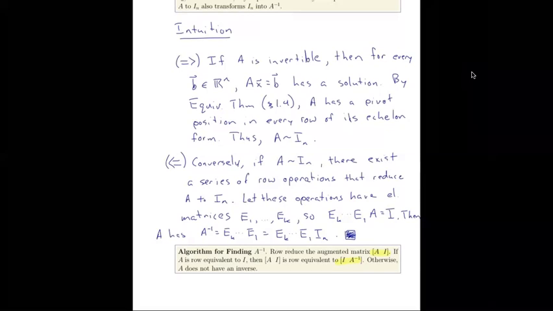And if we don't have such a matrix, then A does not have an inverse. In other words, if we don't get the identity matrix as our first 3 columns in a 3 by 3 scenario, or our first n columns in an n by n scenario, then we know that there's no inverse to A. So not only do we get a check, but we have an algorithm to come up with it. So let's do that.